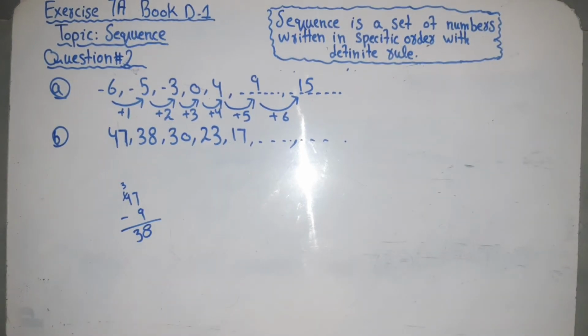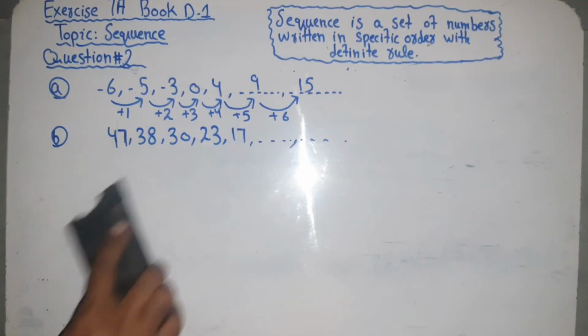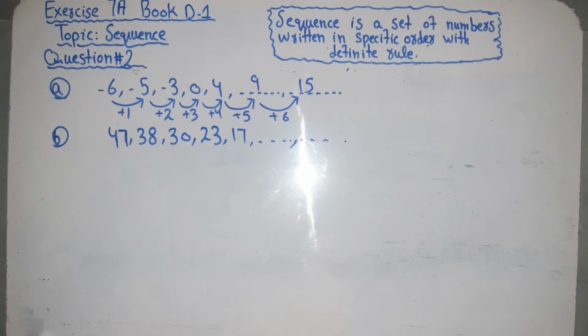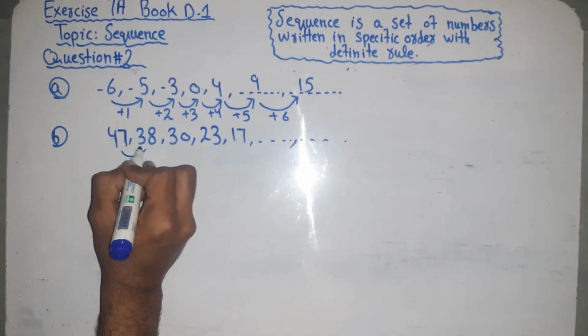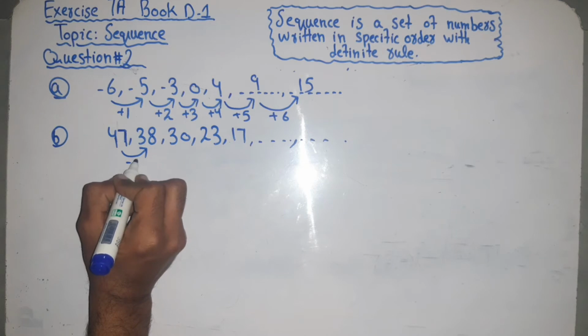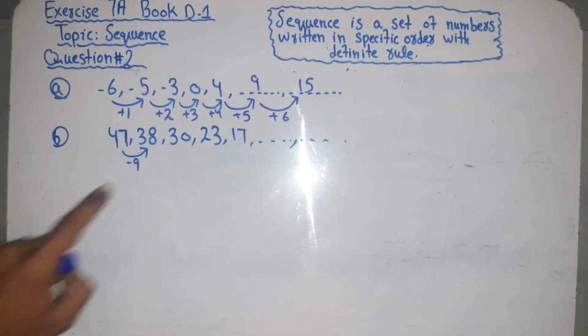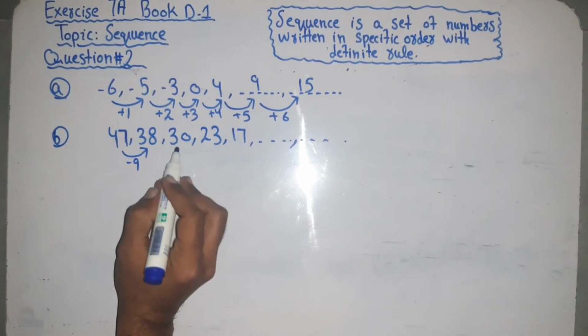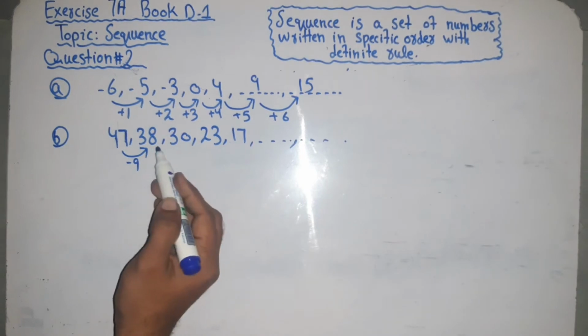So we have to subtract 9 to get 38. Minus 9. Okay. Now we have 38 and 30, and the difference between 30 and 38 is 8.